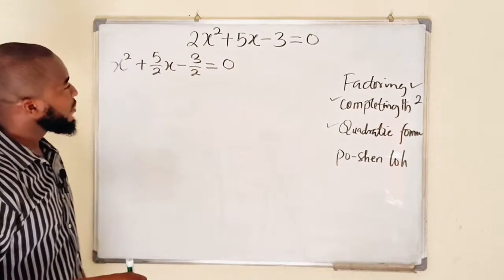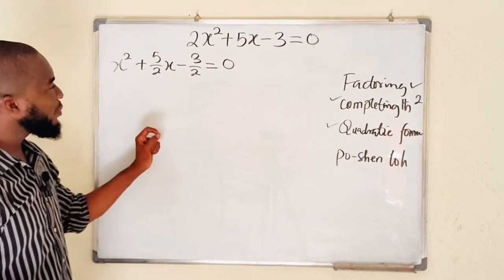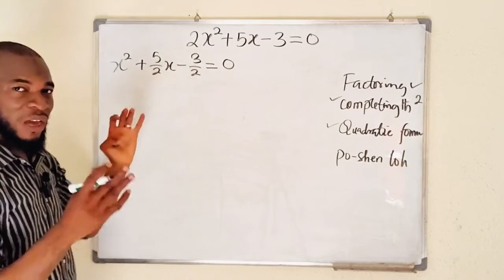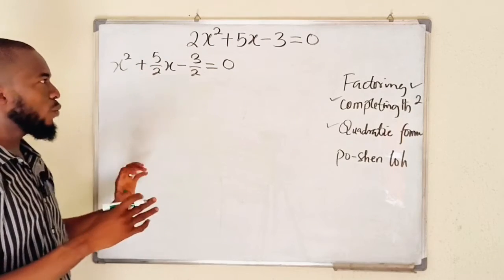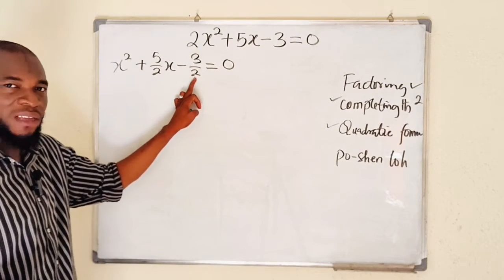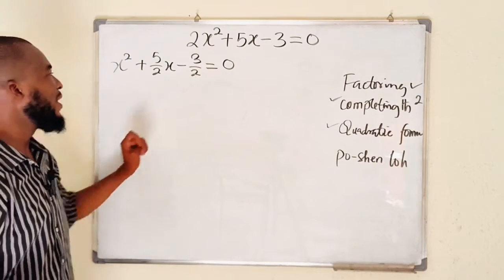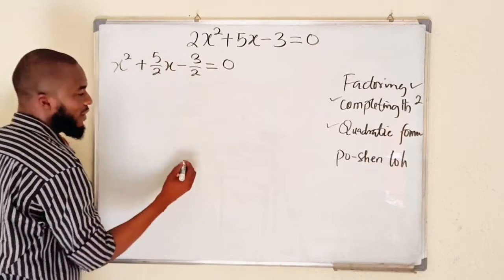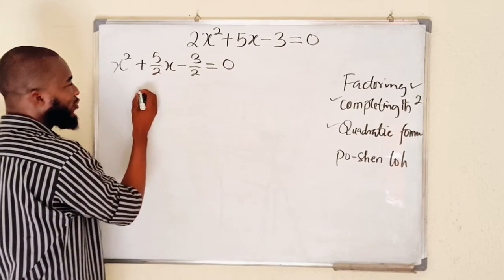So those two numbers you can multiply together to get this, and once you add them together, you get this. Though they are very simple to come up with. But in case this number is very large, you cannot do that easily. So he said that you can take half of this, half of 5 over 2.